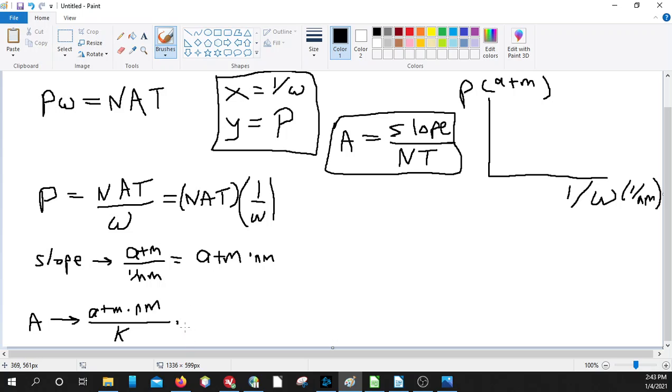And we know 1 atmosphere is 1.01 times 10 to the 5th power pascals. And a pascal is a Newton per meter squared, which I'm actually going to write as a meter times a meter. So again, that's a conversion factor.